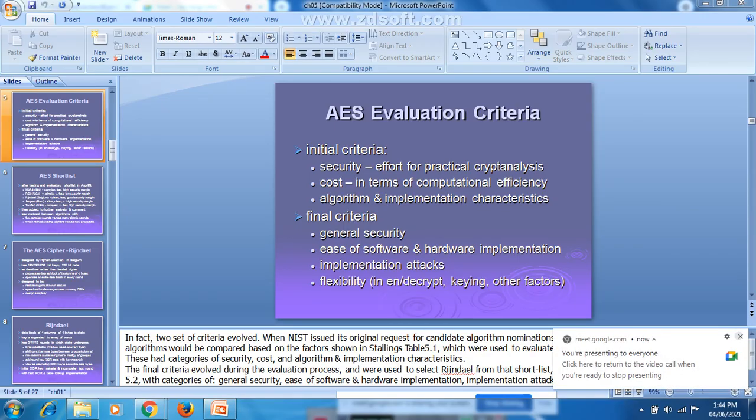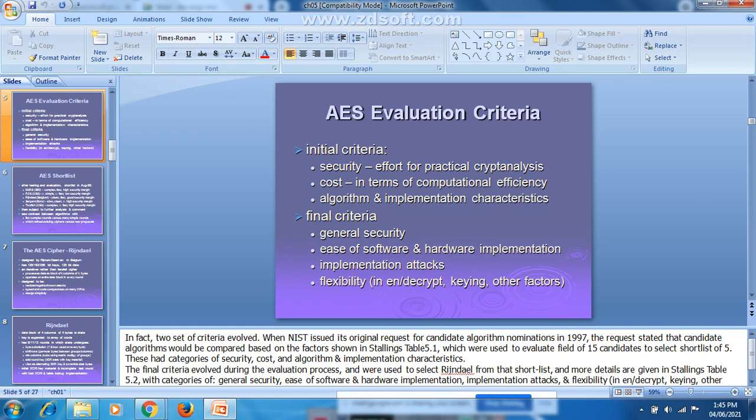Yes? See, all these criteria were taken into consideration whenever they were evolving the AES. It should be secure, it should be cost effective in computational efficiency, and whatever software and hardware implementation you are doing should be easily usable.